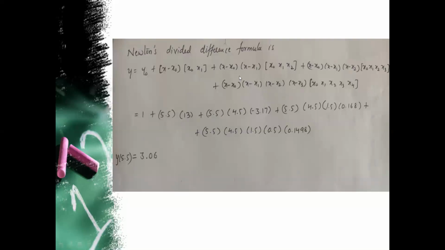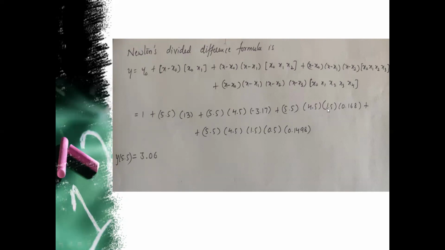Then x minus x naught, again 5.5. X minus x1, x1 is 1. So 5.5 minus 1, we get 4.5. Then the divided difference for x naught, x1, x2, we get minus 3.17 from the table. Now x minus x naught again, x minus x1 again, x minus x2 now.